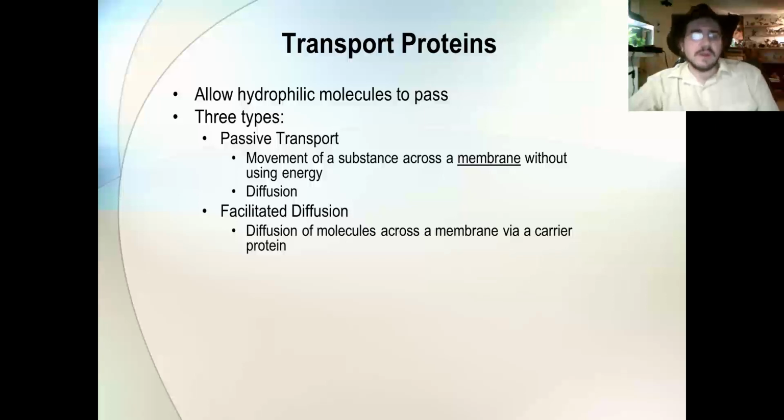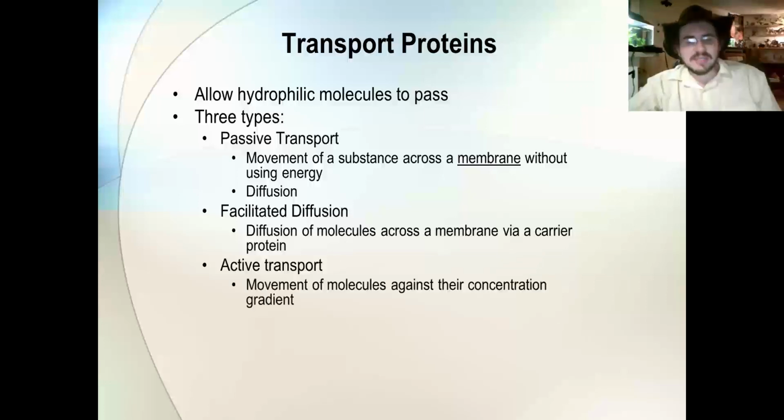The third type of transport protein is involved in a type of transport called active transport. Now, active transport moves substances against their concentration gradient. It moves them from areas of low concentration to areas of high concentration. This violates the rules of diffusion, and whenever you're going to violate something, you're going to need to invest energy in it.